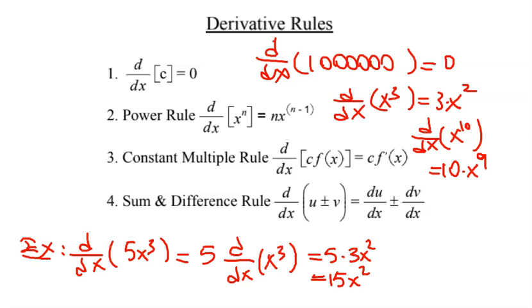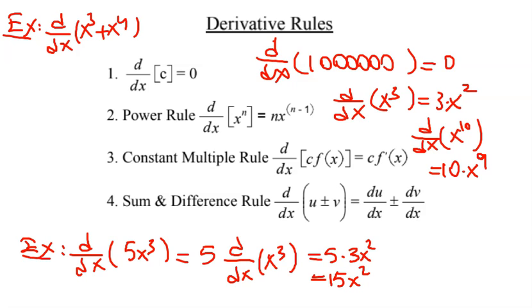Okay, and the next rule is the sum and difference rule. When you take the derivative of a sum or difference function, it's equal to taking the derivative of each function separately. Quick example, let's say we have d over dx x cubed plus x to the fourth.